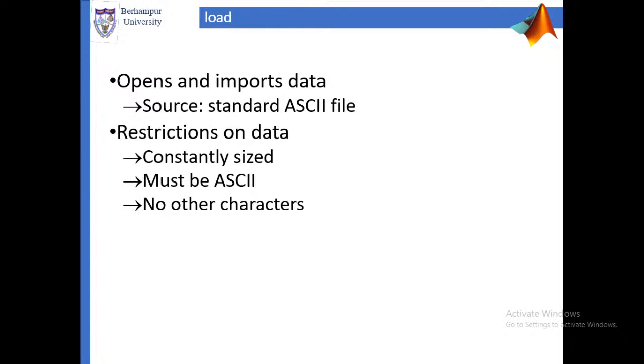Then there is no constancy, so they are not constantly sized. The first row is 1 cross 5, the second row is 1 cross 4. That you cannot import using the load command. So the load command cannot be used when data are not constantly sized. Data must be constantly sized for using the load command. Then, as I told you, the source must be a standard ASCII file. Therefore that file must be ASCII, so data must be stored in the file in ASCII format.